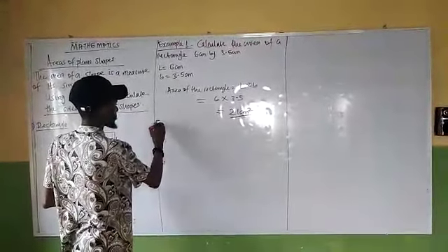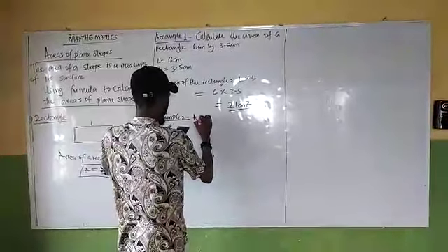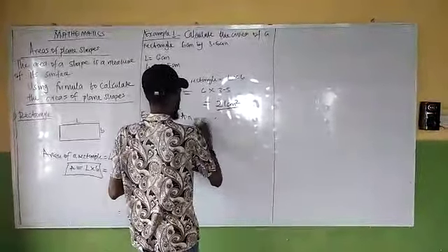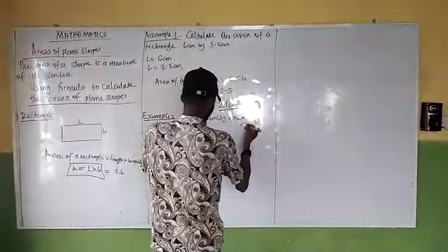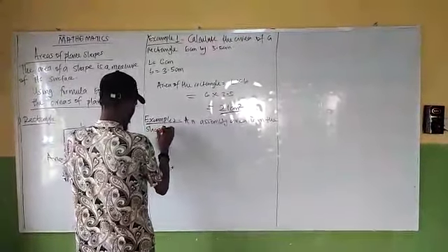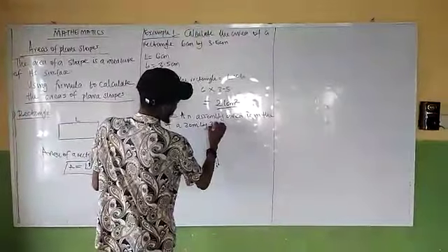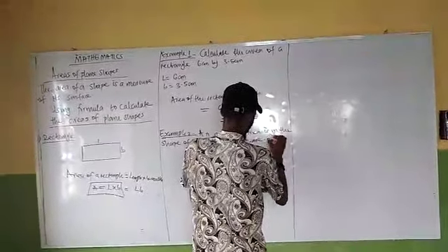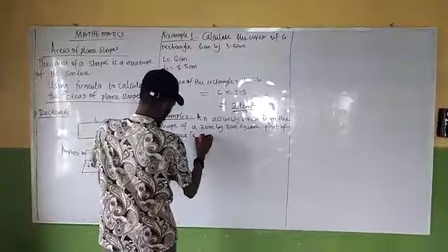Example 2 says: an assembly field area is in the shape of a 30 meter by 30 meter square.